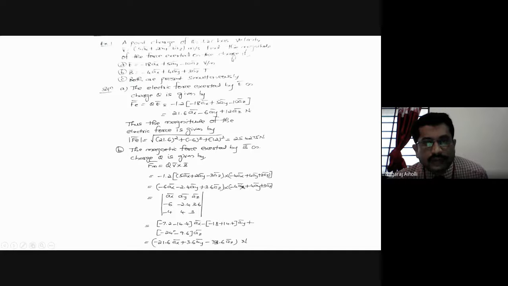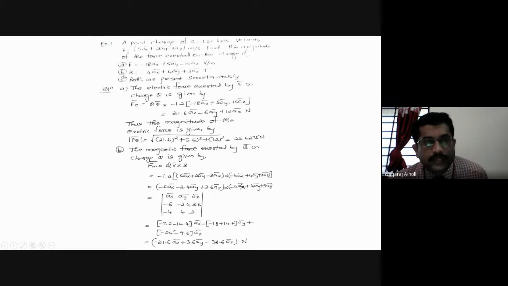on the charge if, first one, A, E bar is equal to minus 18ax bar plus 5ay bar minus 10az bar volt per meter.